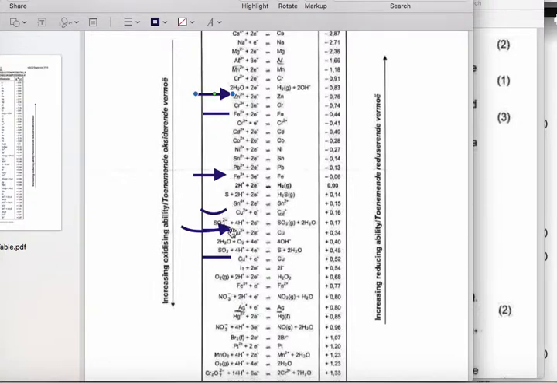But copper would not do that because it is lower down the table. So this is going to be like a sacrificial anode, such as you find in the geysers of bathrooms. It will sacrifice itself. It will be oxidized to spare the iron geyser, or in this case, the iron pipe, from decay.